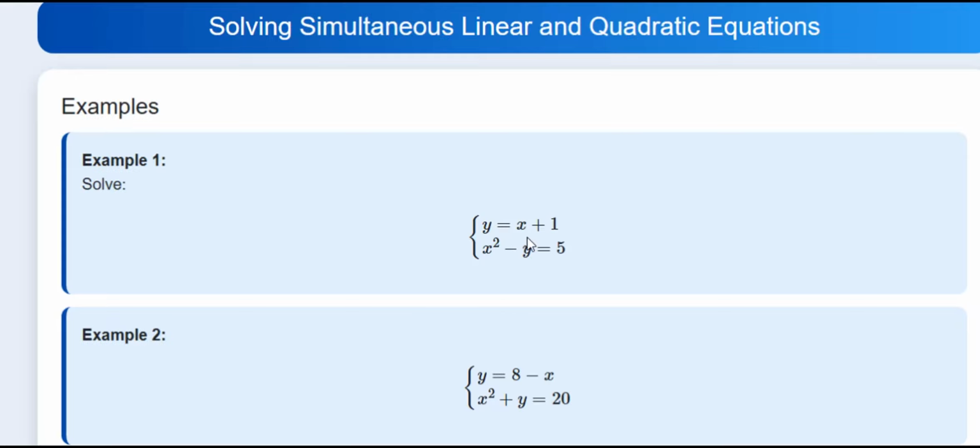Let me first copy this example on my board. Let us call this equation 1 and then this one equation 2. So the first step is to write one of the unknowns from the linear equation in terms of the other. But in our case, you do realize y is already written in terms of x.